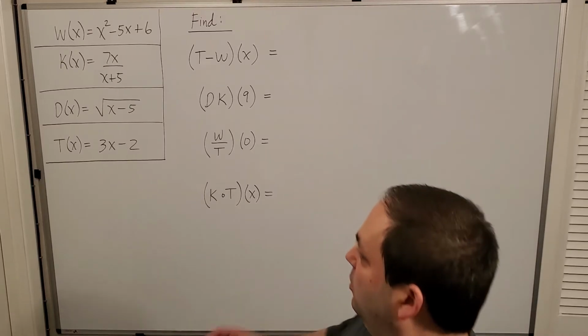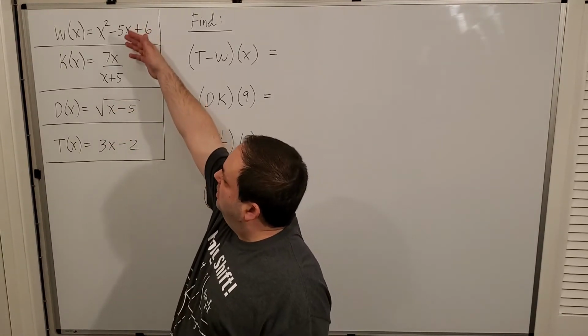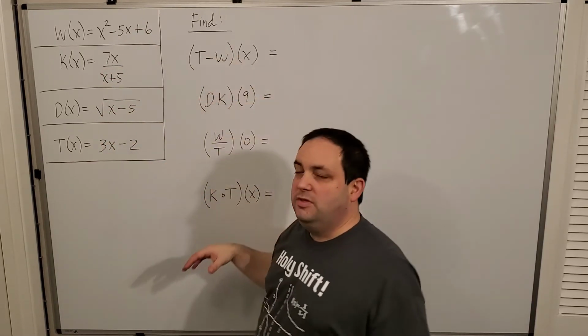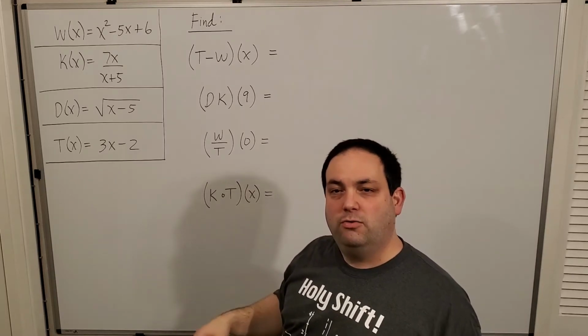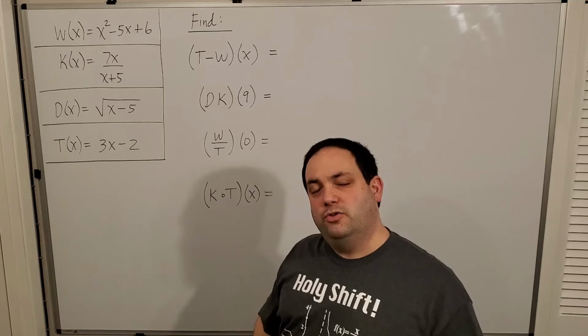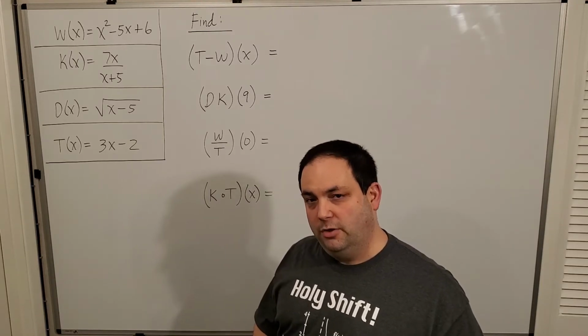Okay, so here you're given 4 initial functions, w, k, d, and t, and then I have to do different combinations of the functions, and some of them have you actually plugging in values, whereas others are just finding a new function by combining 2 of the others.